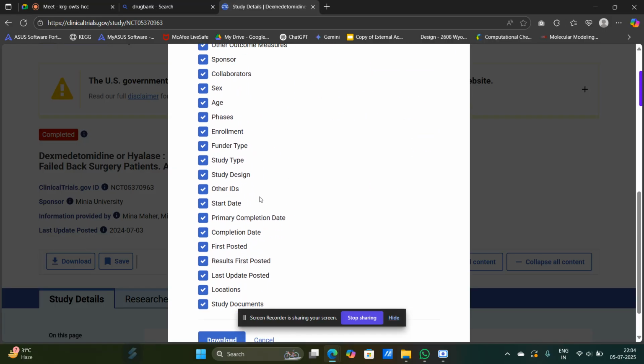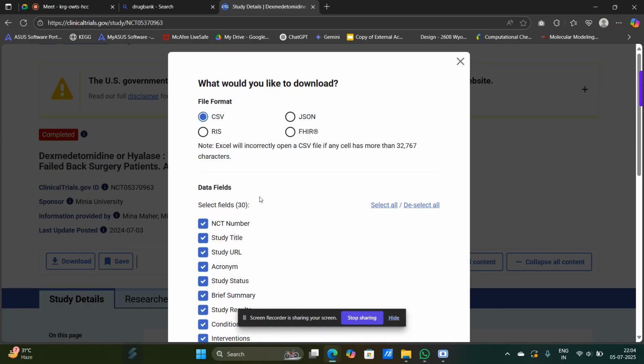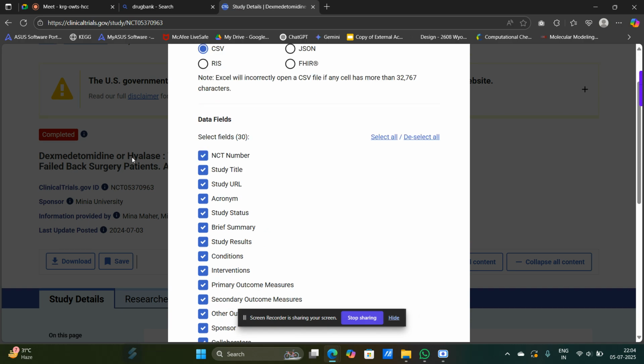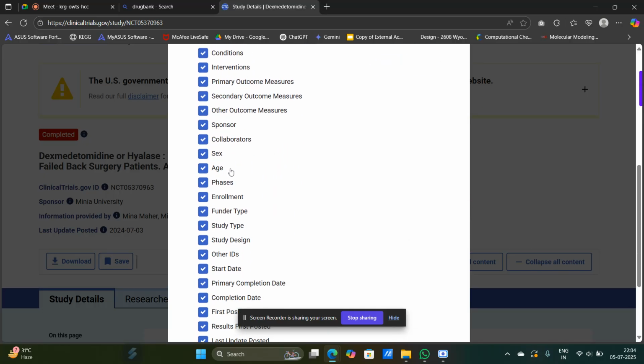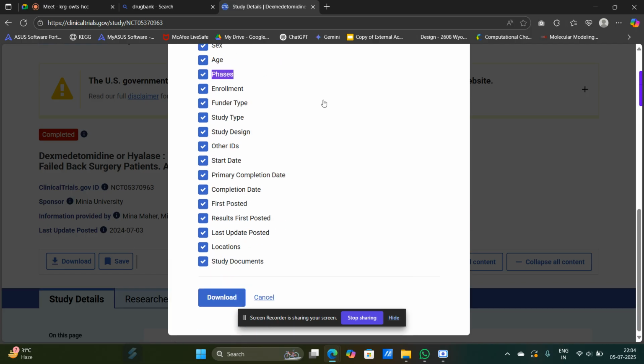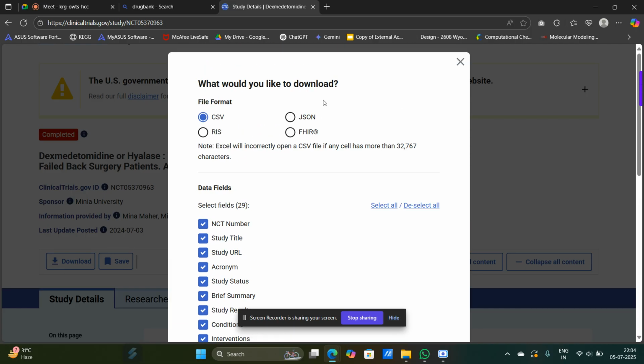So at most, what you can get is a column called participant one or some ID of the participant, but you will never get the actual name or address, etc. You will only get age, gender, and these things. So did you guys understand what's happening?